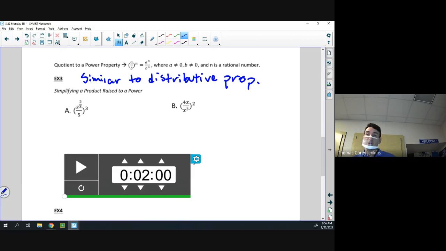In other words, the exponent applies to everything, okay? So let's go ahead and look at a couple. We have z to the 2/3 over 5, all raised to the 3rd power, okay?